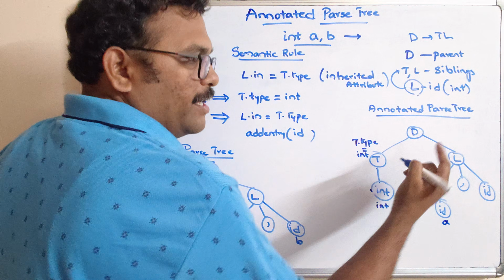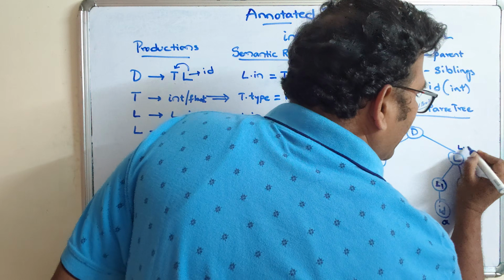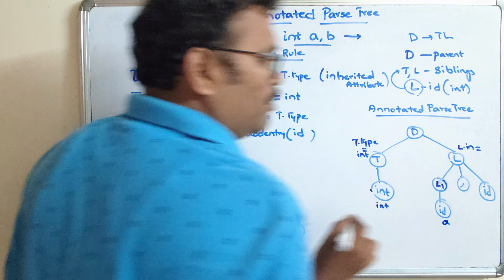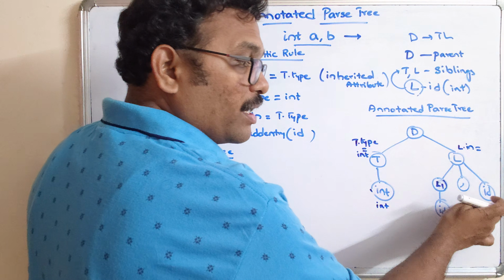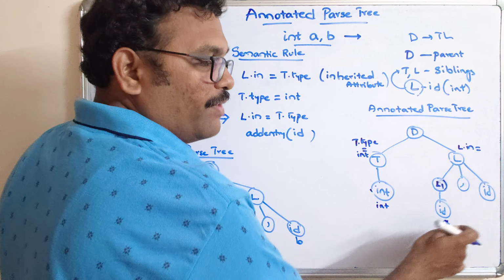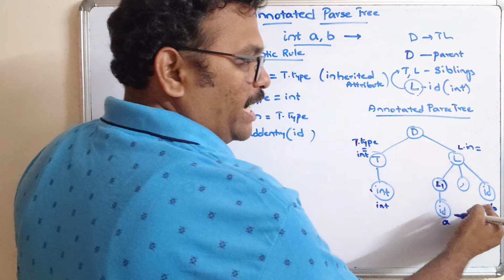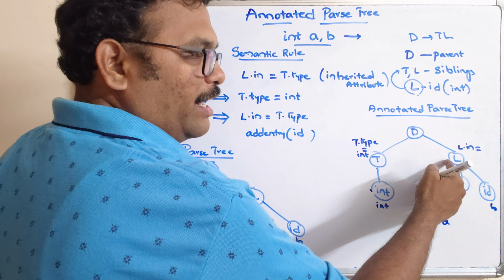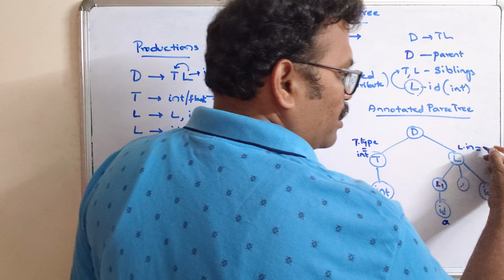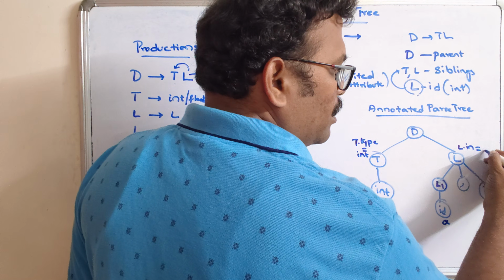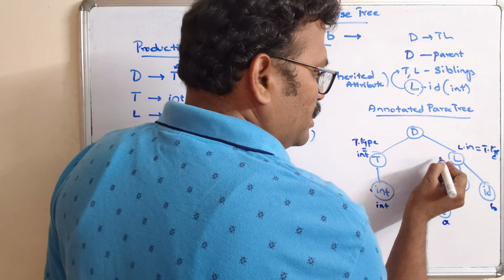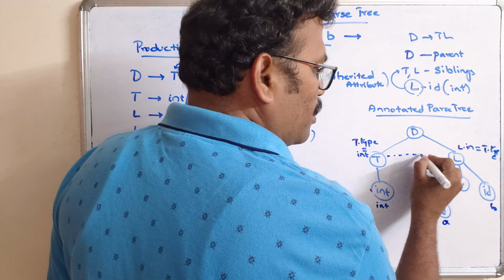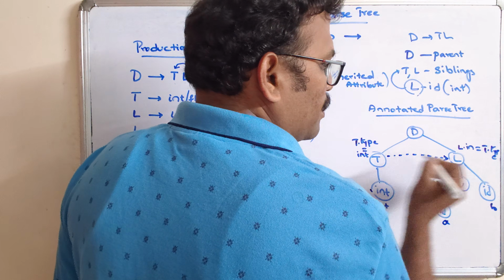So here l's inherited attribute l.in is nothing but a type, because if you are giving any value to the identifier a or b, that depends upon the data type. So l.in is equal to t.type. So this depends upon this one.